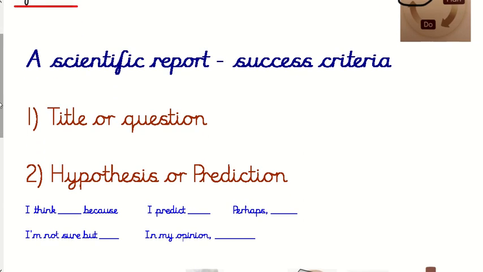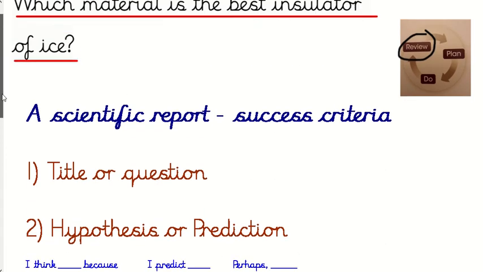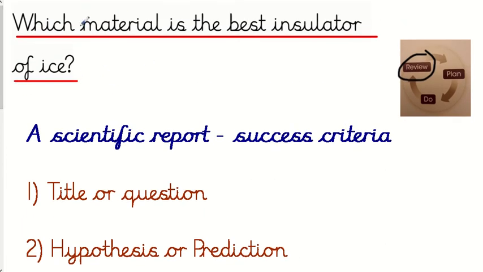So, the first and vital step of a scientific report is to have a title or a question at the top of your page. That one should be quite straightforward, as we've all been answering the same question. When you write it at the top of your page, make sure you underline it neatly and make sure you punctuate your sentence correctly.